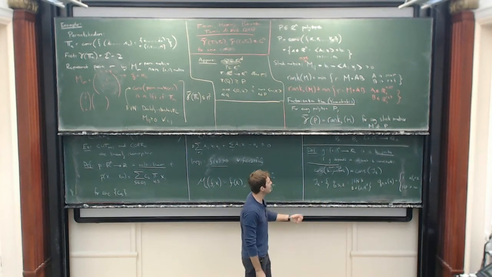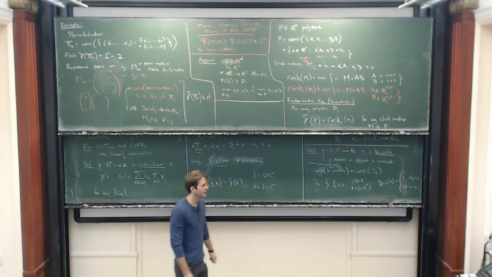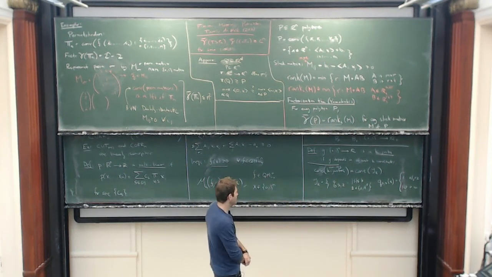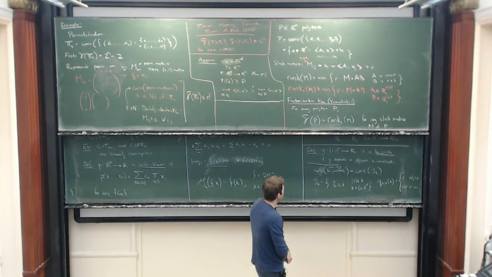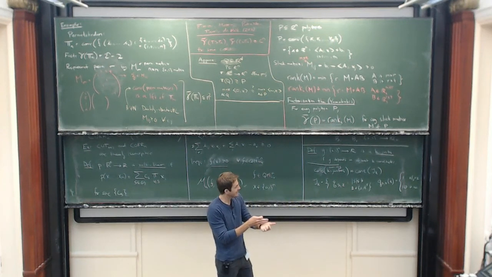And I just claim that these functions generate the entire cone of non-negative k-juntas. This is also an exercise, but isn't it obvious? You can take any k-junta and just write it as a sum over delta functions of: does it equal this value?